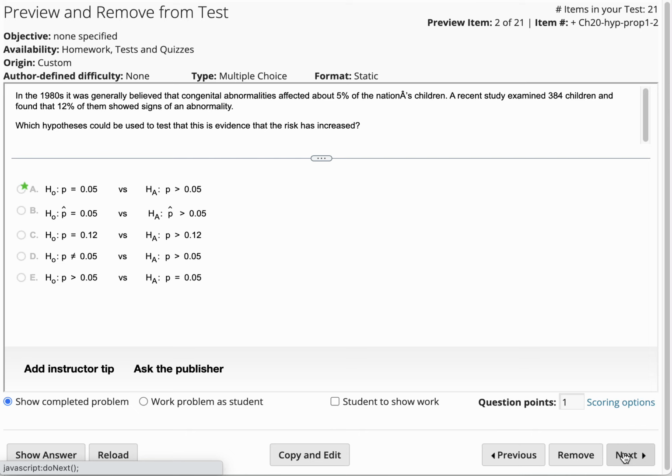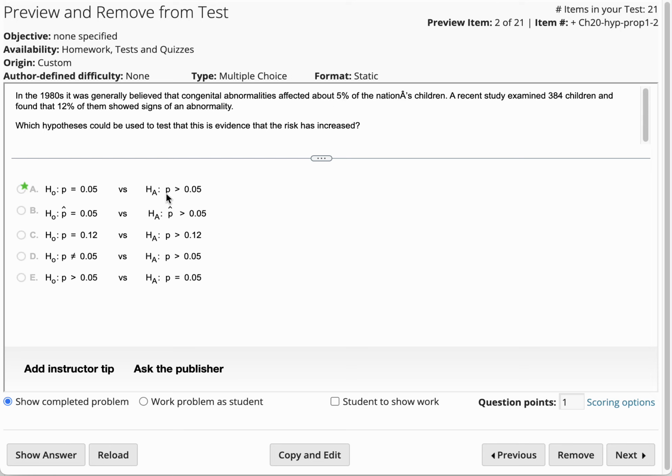What hypothesis should we use to test that the risk has increased? Okay, increased is a key word. So the number that they put out there is going to be our null hypothesis, 0.05.